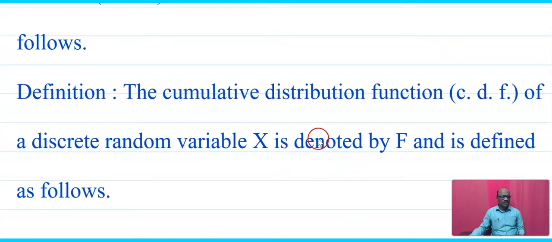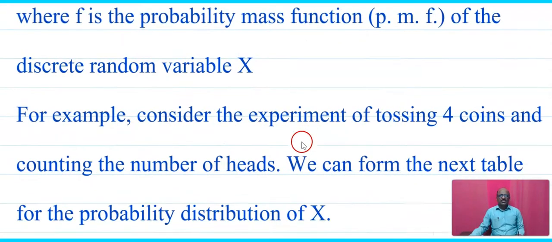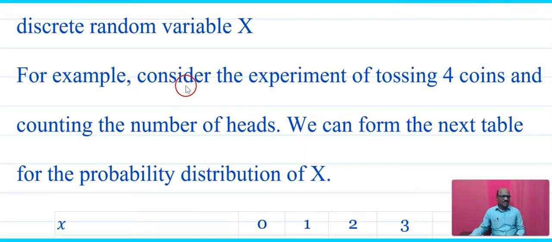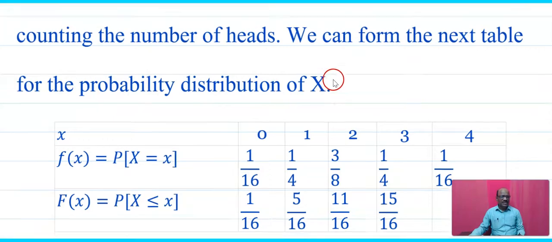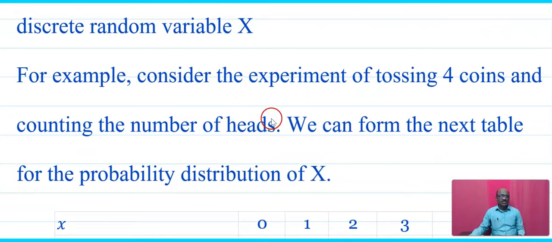Now next, for example, consider the experiment of tossing 4 coins and counting the number of heads. We can form the following table for the probability distribution of X. That is counting the number of heads.